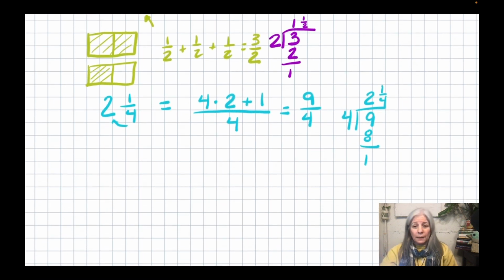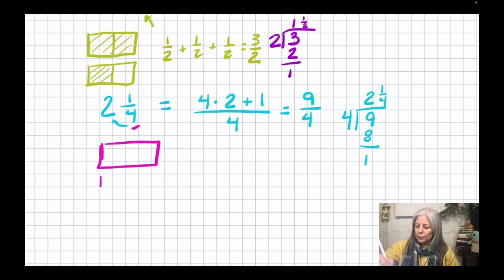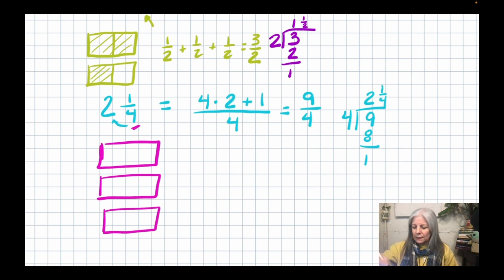Now let's try it if you forget how to turn a mixed number into a fraction. So here, because our fractional part is fourths, we're going to have 2 whole numbers and then a fourth. But we want them all to be divided into fourths this time. So there's 4 pieces there, 4 pieces there, and 4 pieces there.